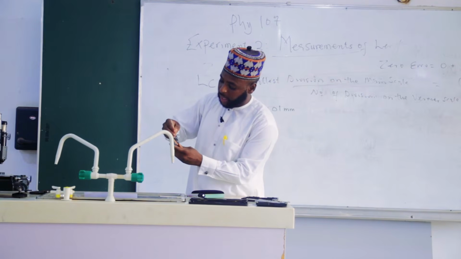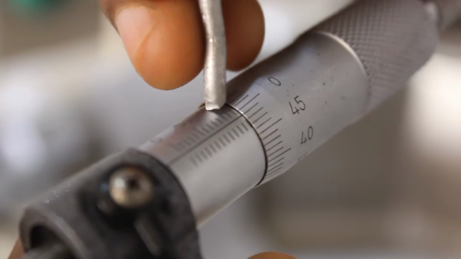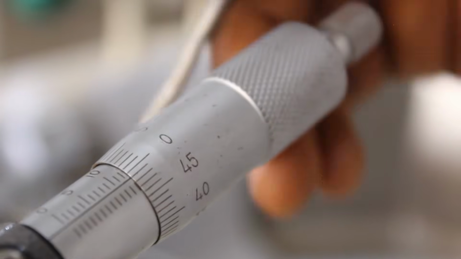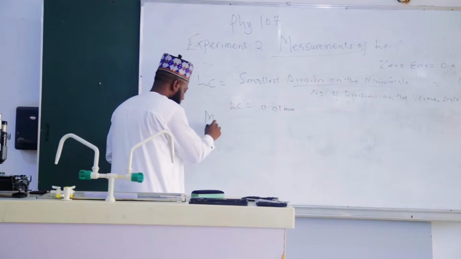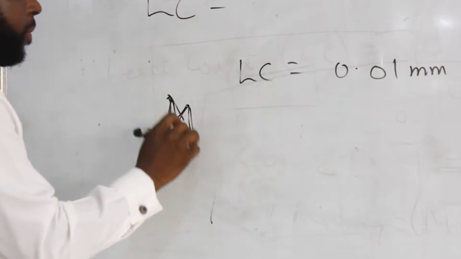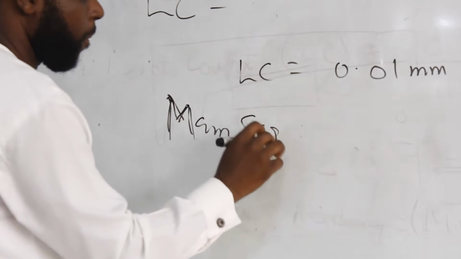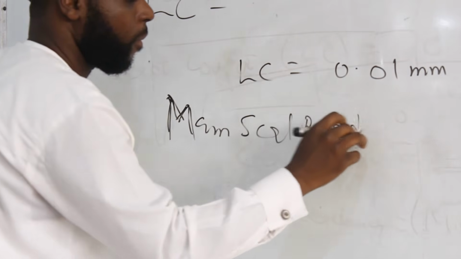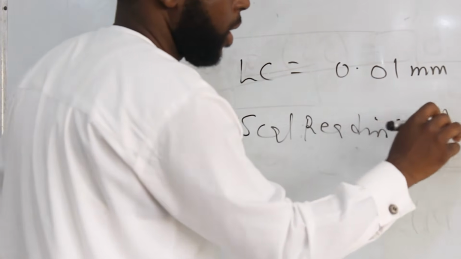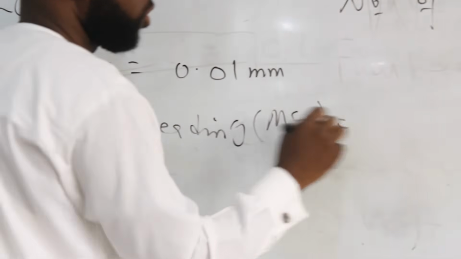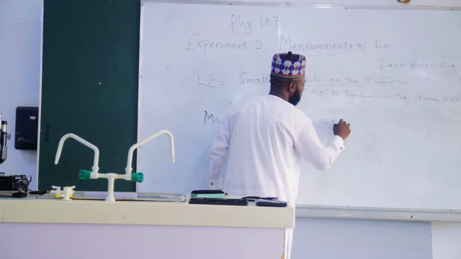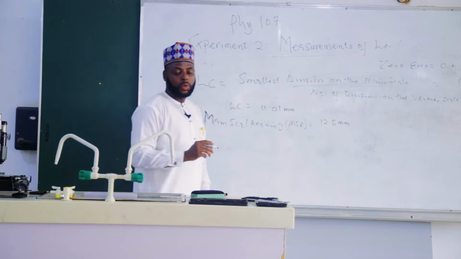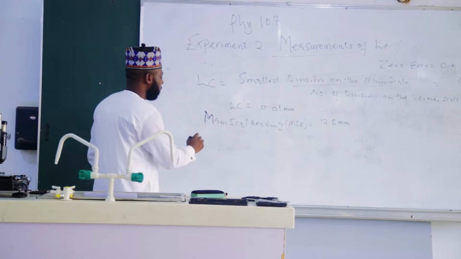So this is 10 again, 11, 12, and 12.5. Given that, we can say that our main scale reading, MSR, is equal to 12.5 millimeter.